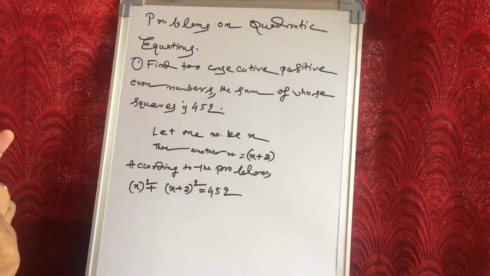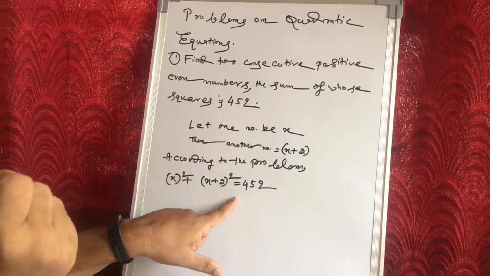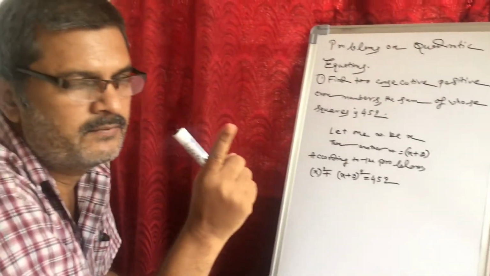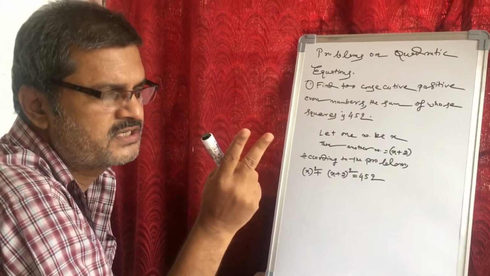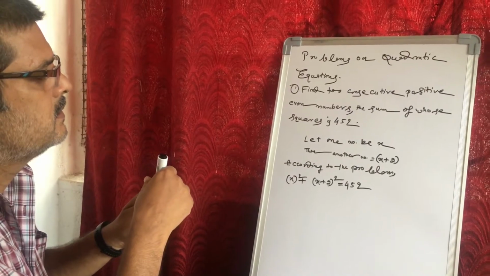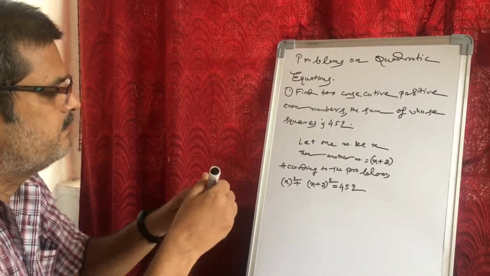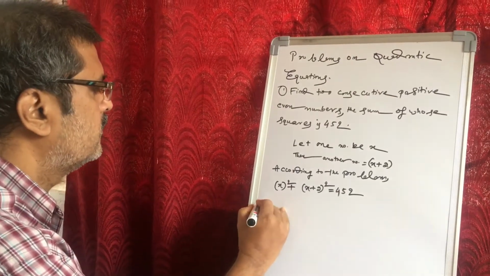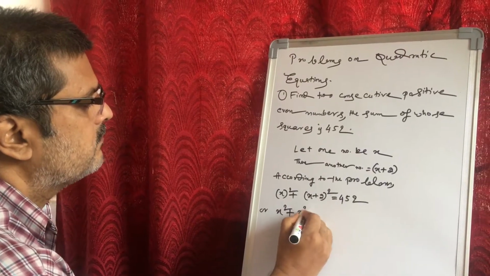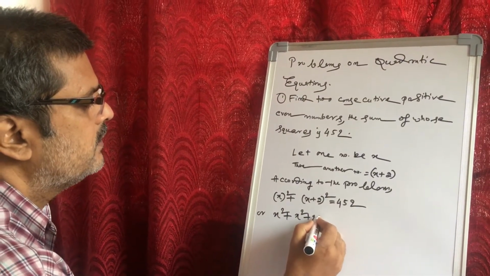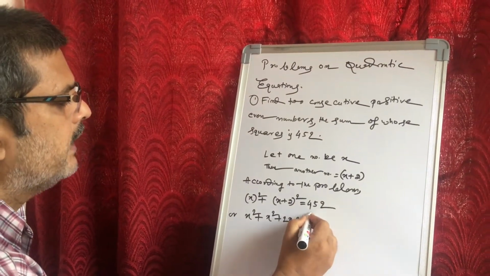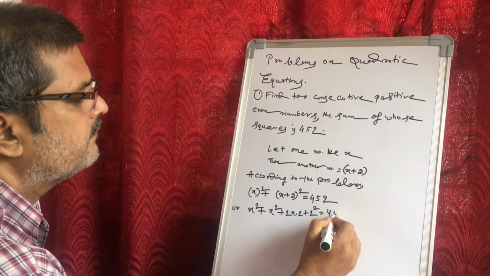Now this is the quadratic equation and I have to solve this quadratic equation. You know that the quadratic equation has two roots. Now see how I am solving this quadratic equation step by step. x square plus x square plus 2 into x into 2 plus 2 whole square is equal to 452.